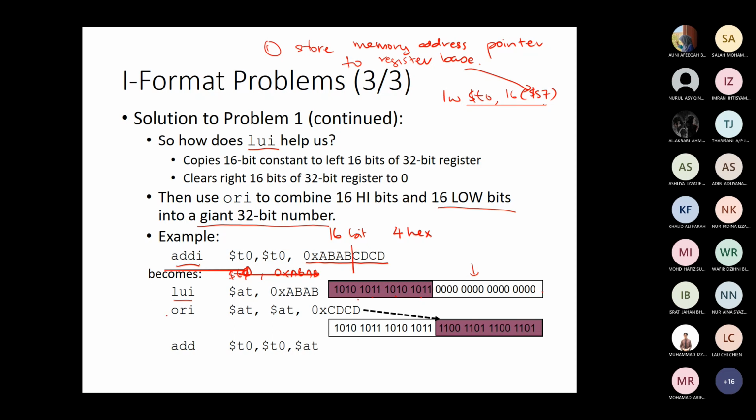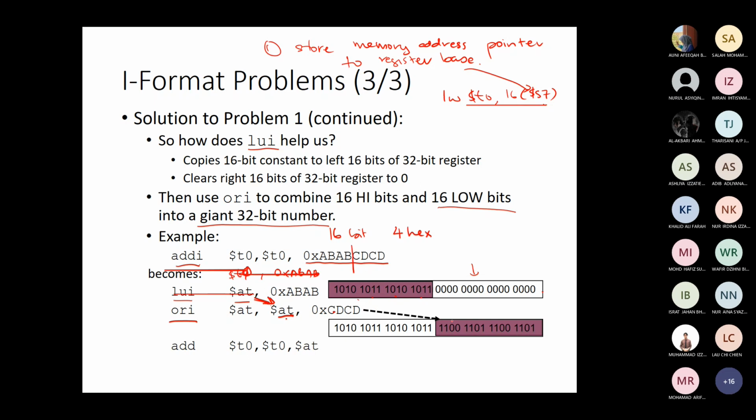Next, you use the command OR immediate to add to the previous register, $at. The last result would be used as the source. So $at here is used as a source for the next OR immediate instruction. So $at plus CDCD.